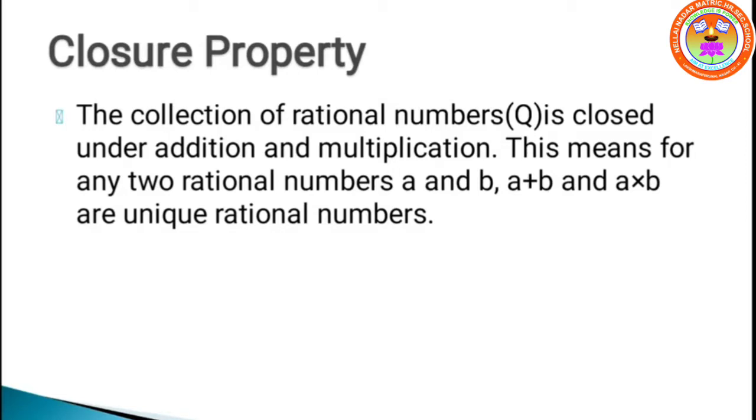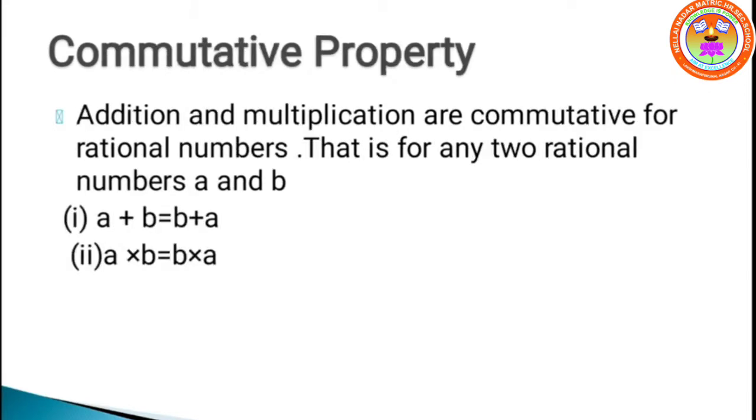Now we will move on to the next property. The next property is commutative property. The commutative property definition: addition and multiplication are commutative for rational numbers.